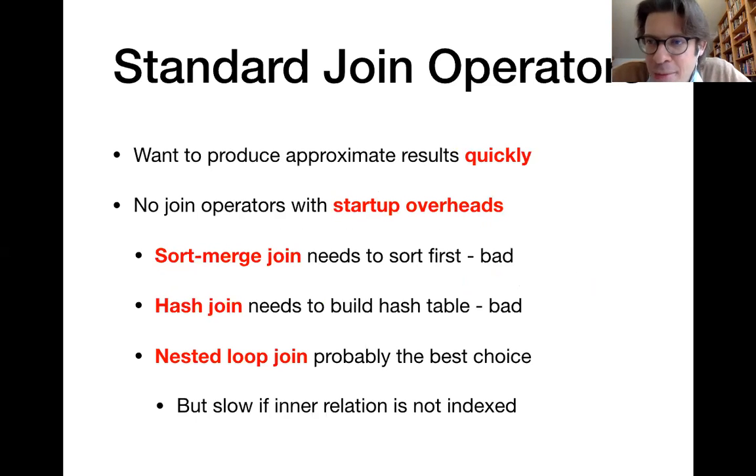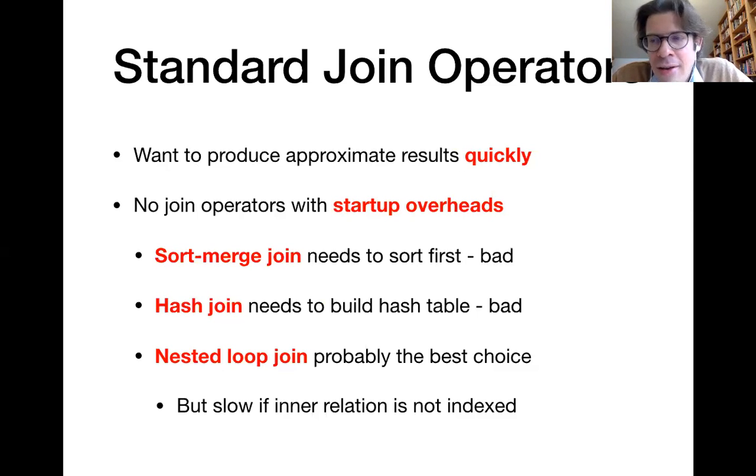For instance, if you think about our standard join algorithms, the sort merge join first needs to sort the data, and that is bad because that takes a little while. So I would not get any updates in my online aggregation interface until the sorting has happened. Similar for the hash join.